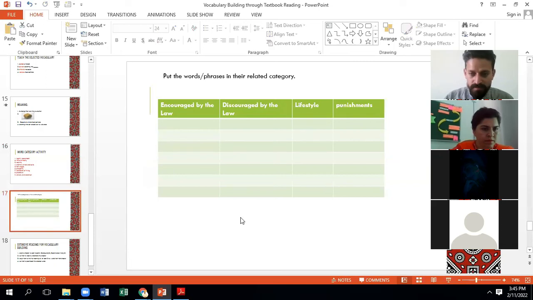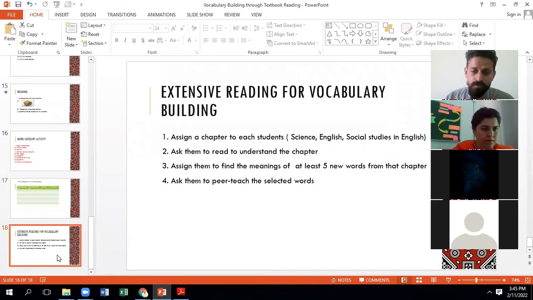We have the comments. Discouraged by law. Because arbitrary arrest is not according to law, it's your personal enmity, isn't it? It's discouraged by law.